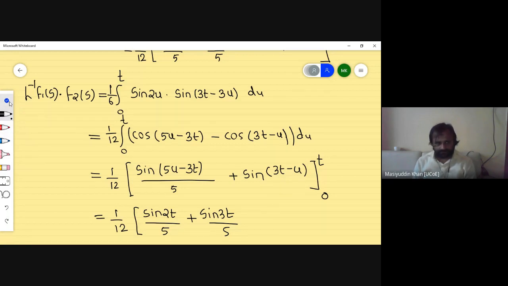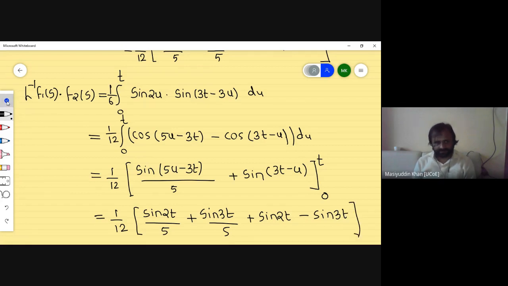And next, substituting here the upper limit, sine 3t minus t will become sine 2t, so plus sine of 2t, and substituting 0 here, minus sine of 3t.